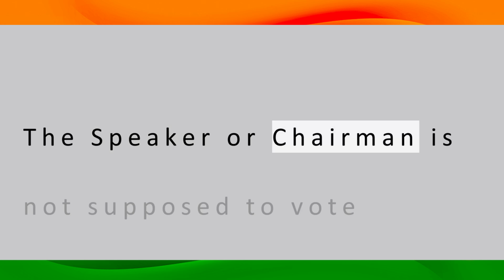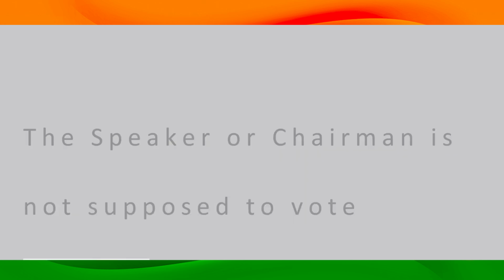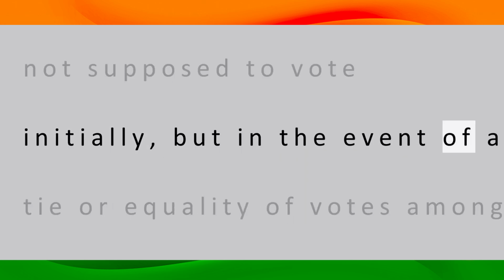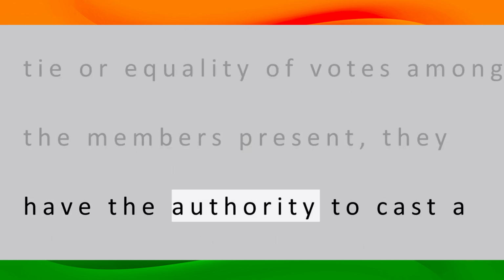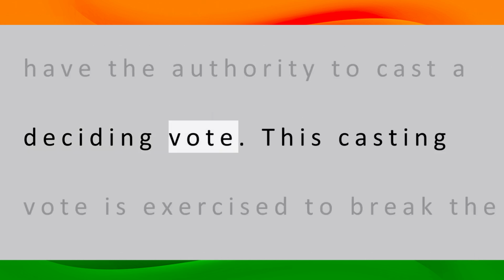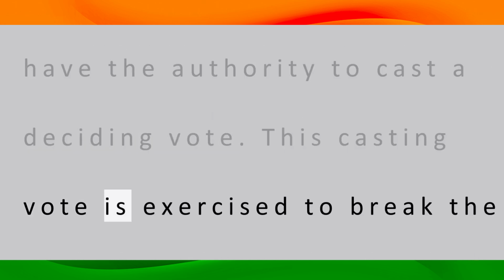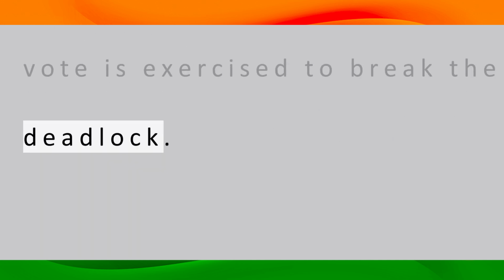The Speaker or Chairman is not supposed to vote initially, but in the event of a tie or equality of votes among the members present, they have the authority to cast a deciding vote. This casting vote is exercised to break the deadlock.